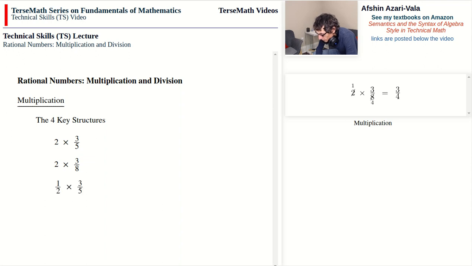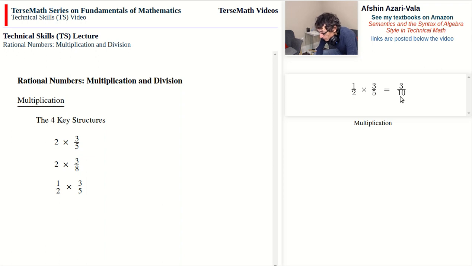The third key structure is one similar to the problem 1/2 times 3/5, which, in a sense, tries to find half of 3/5. And for this problem, what we can do is multiply 2 and 5. When we multiply 2 and 5, of course, we'll end up with 10. We get 3/10. And if you compare what's happening here, going from 5 to 10, we have divided the size of a piece by 2.